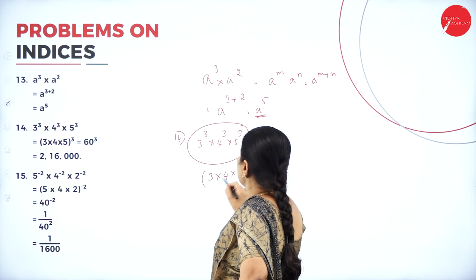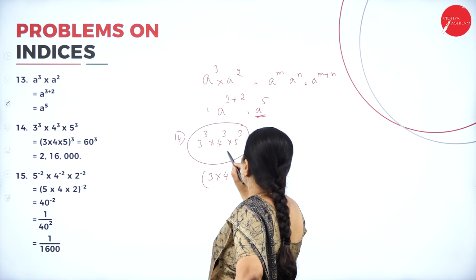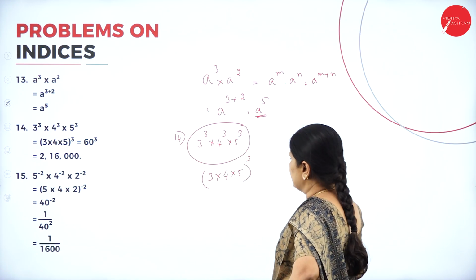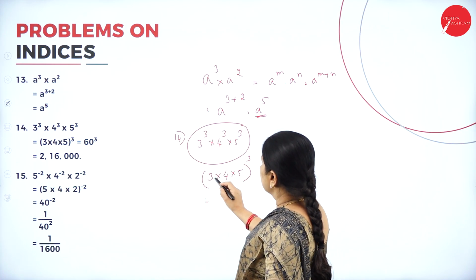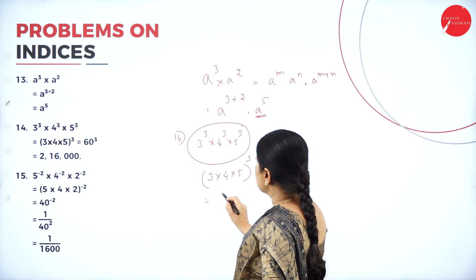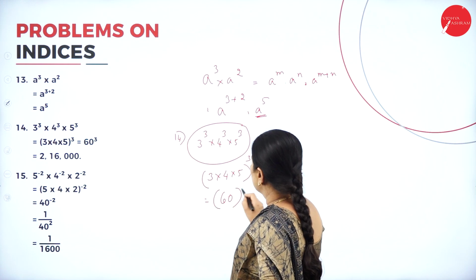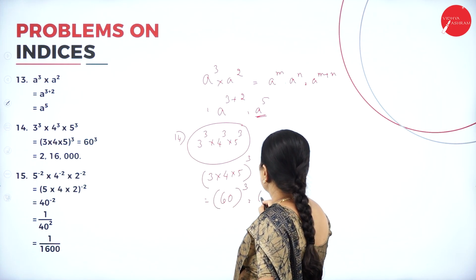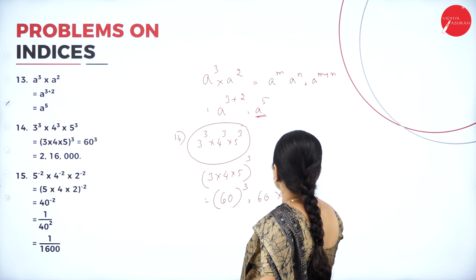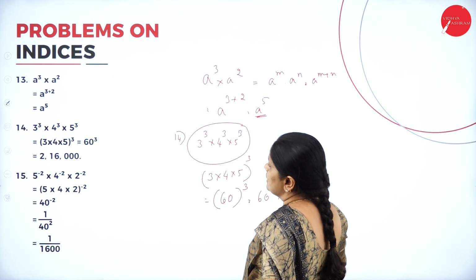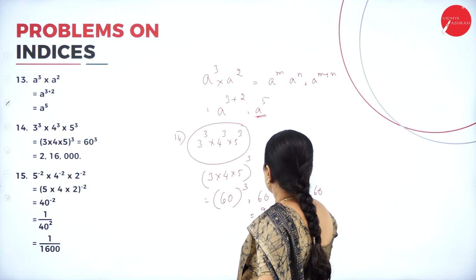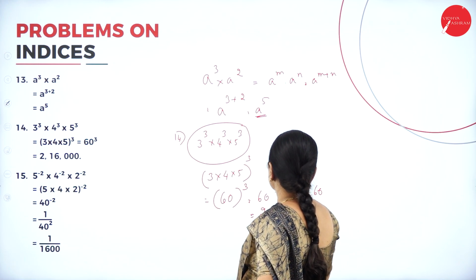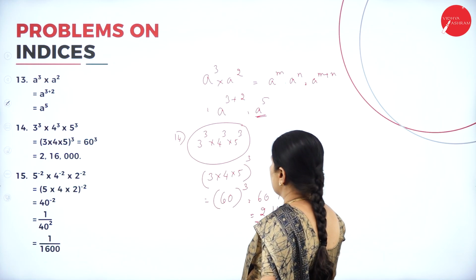So, what I am doing is 3 into 4 into 5 whole to the power 3. So, what is the answer here? 3 4s are 12, 12 5s are 60. So, 60 to the power 3. So, this will be equal to 60 into 60 into 60. So, what is the answer you are getting? 2,16,000. So, this is the answer.